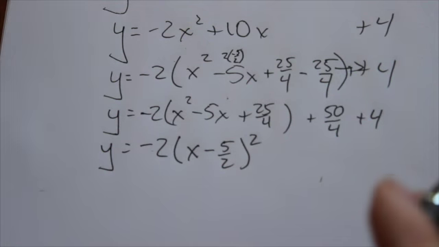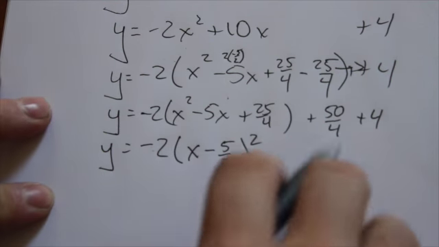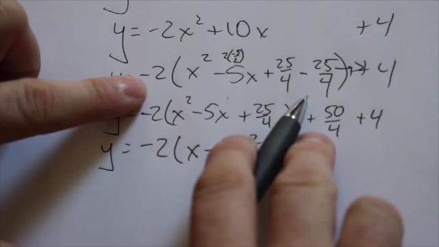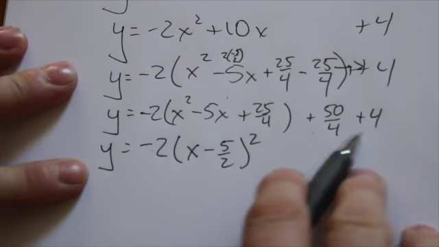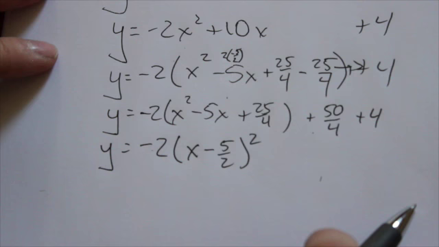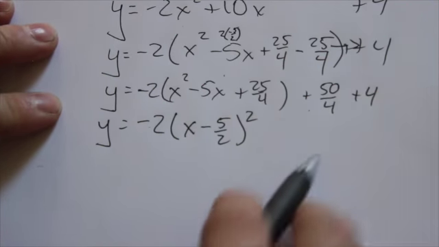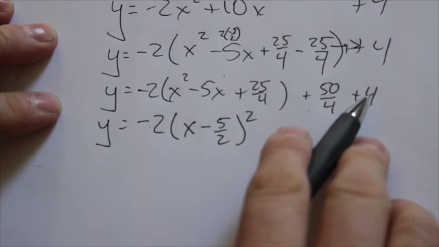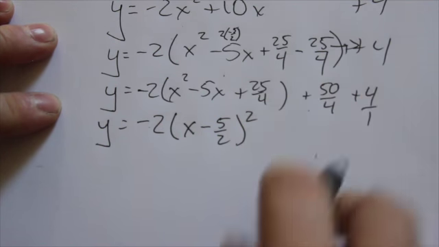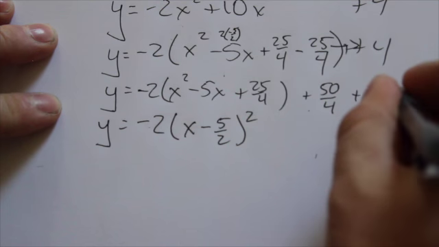Okay, almost done. And now remember, it's positive because the 2 out front was negative, and that cancels there. So now you can do this a few different ways. You can use your calculator if you need to, but 50 over 4 plus 4 over 1: if you look at it this way, remember you need common denominators.